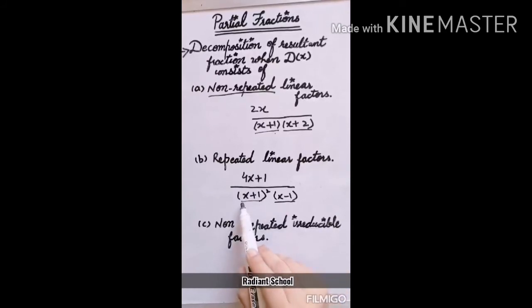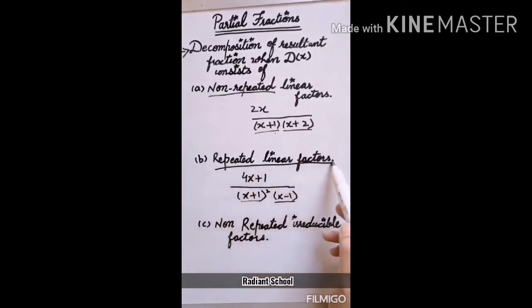When one linear factor or all the linear factors are repeating, so when repeated linear factors are there in the denominator, then this type of fraction you can also convert into partial fractions. Students, there is no need to look at the numerator. Whatever the type of the numerator, we just have to look at the denominator.